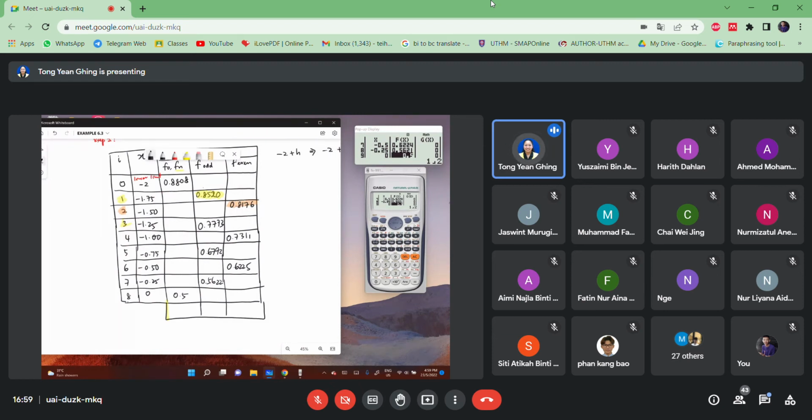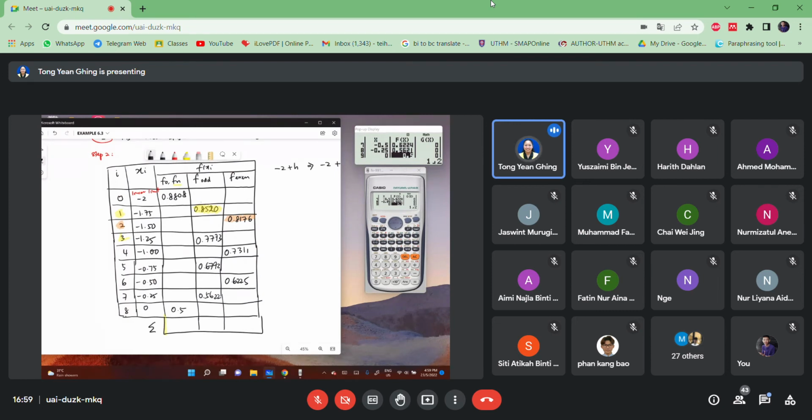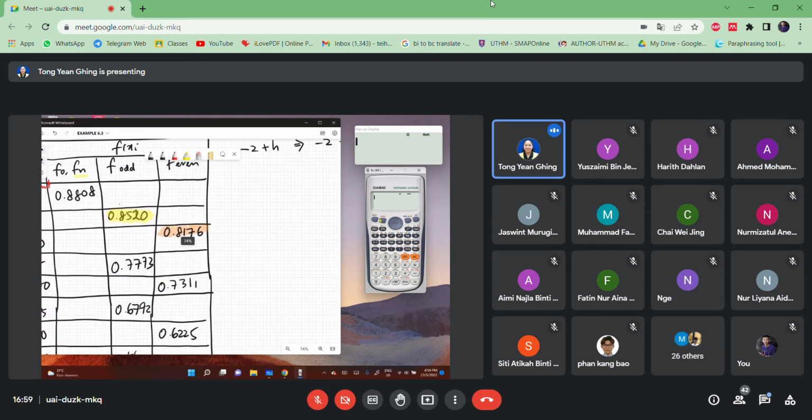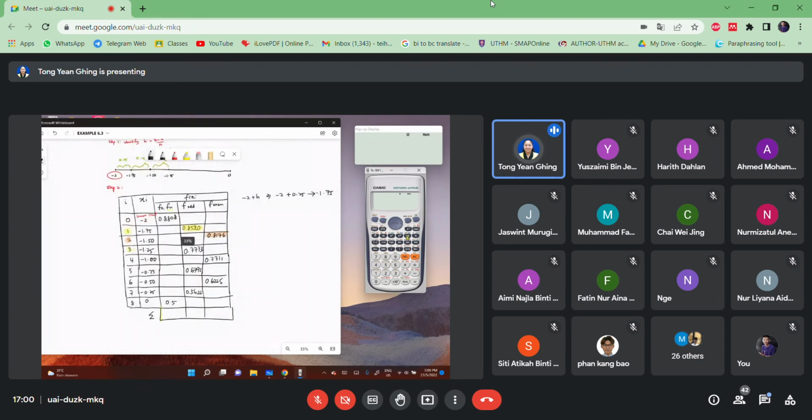Okay, so now I will do the summation of these 3 columns. Before that, for those who don't have these 2 calculators, you have to calculate one by one like this. Let's say you don't have either the fx-570EX or fx-570MS Plus, and you only have the 570MS. So you have to use the calculator to do this formula.